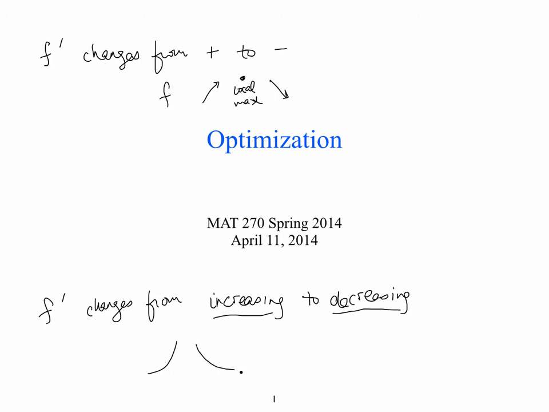And if the rate of change is decreasing, again depending on whether it is positive or negative, if it's positive you'd have something that looks like this, and if it's negative you'd have something that looks like this.